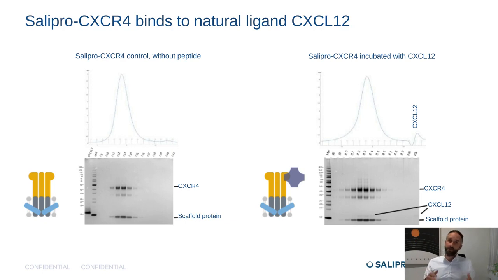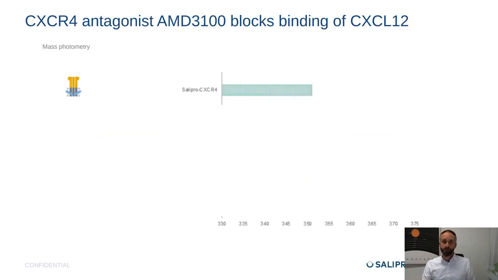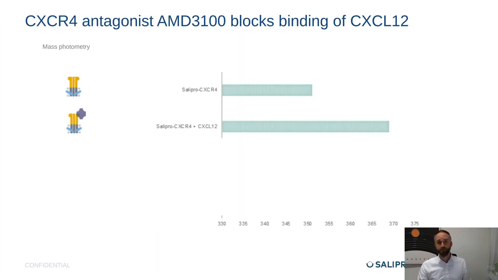We wanted to investigate this further, especially with CXCL12, and in this case we used mass photometry. We can see here that Salipro CXCR4 has a size of approximately 350 kilodaltons, and when incubating this with CXCL12, we see a shift towards 370 kilodaltons, confirming again what we saw in the SEC profile before, that CXCL12 does interact with CXCR4 in such a setup.